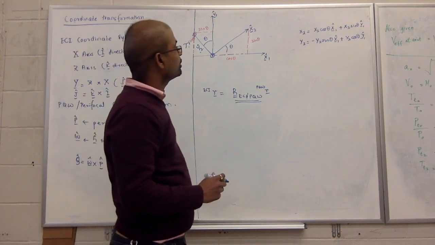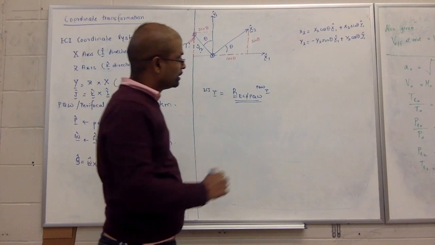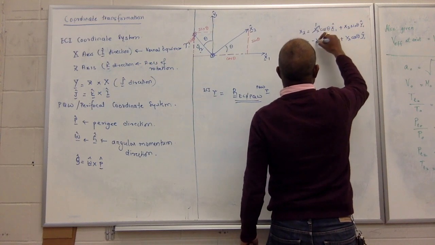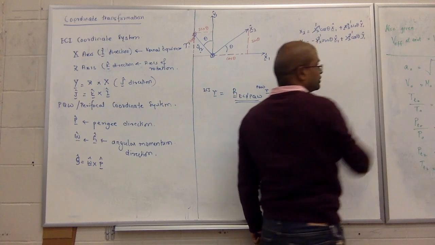So here, if these were all unit vectors, what would this value be? 1, 1, 1, 1, right?